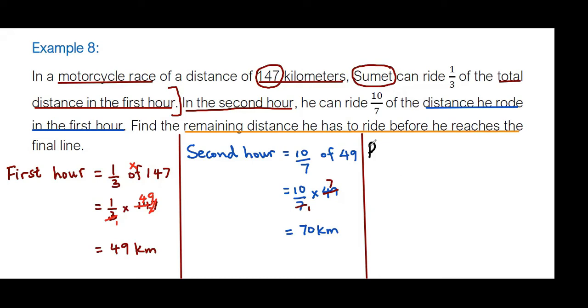Remaining distance. How can we get the remaining distance? So teacher, how can we get the remaining distance?